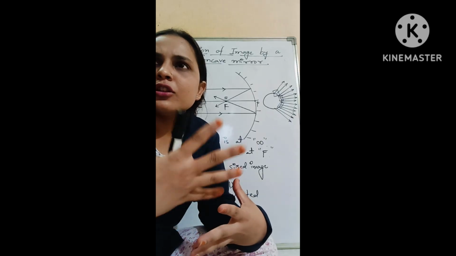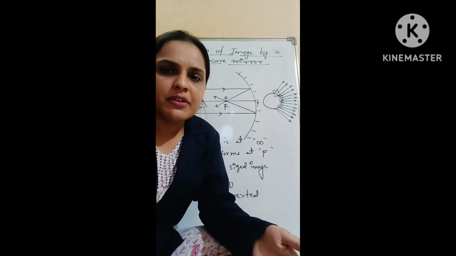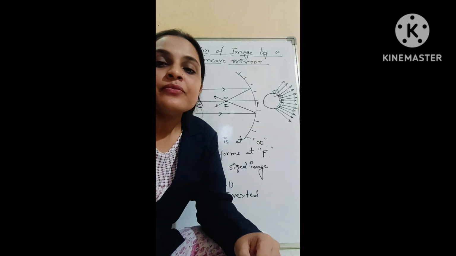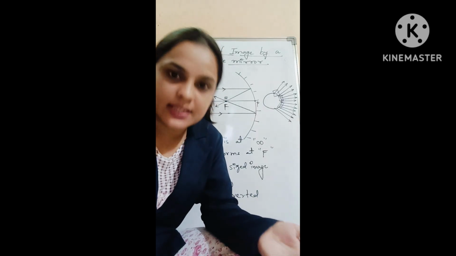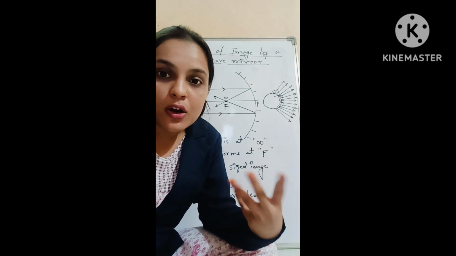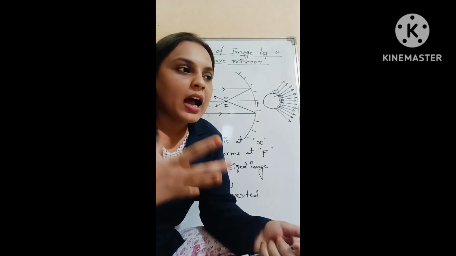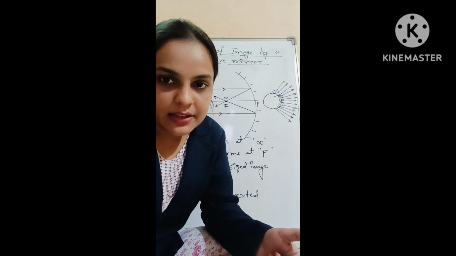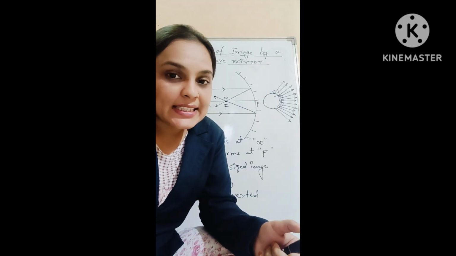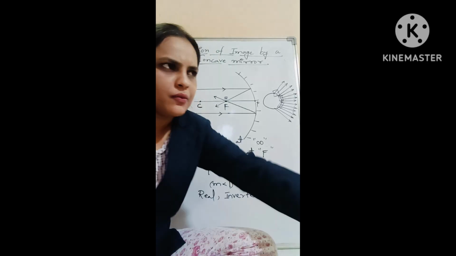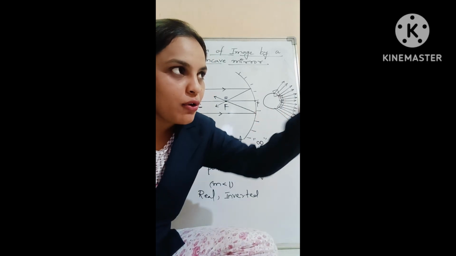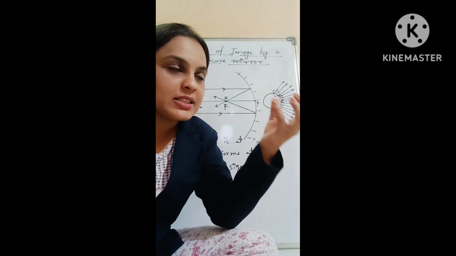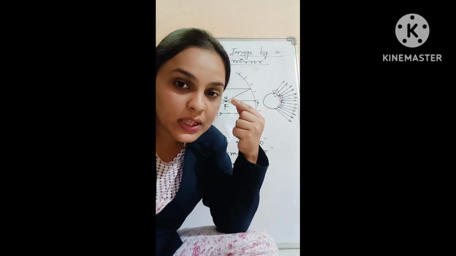We are able to see all the objects near us, whatever, pen, board, whatever. Are all these objects real? Yes, we are observing them. These are all real objects. As you know, in 5th class we have already learned that our eyes consist of a lens. So whenever we observe any object, light falls on the object and reflects back to our eyes, which means it passes through the lens.